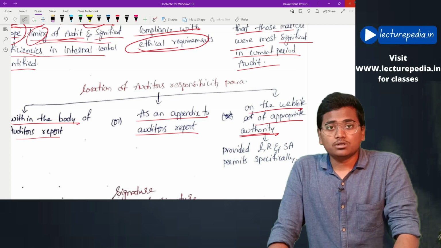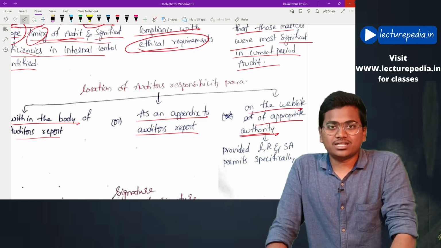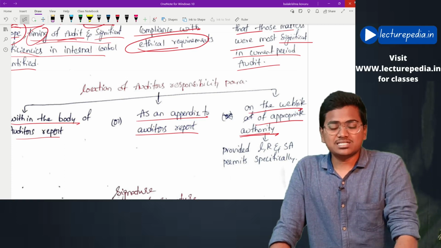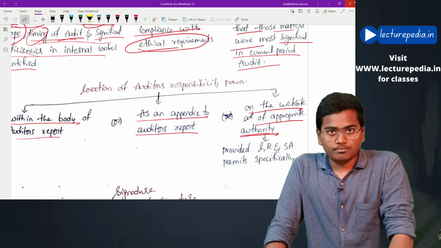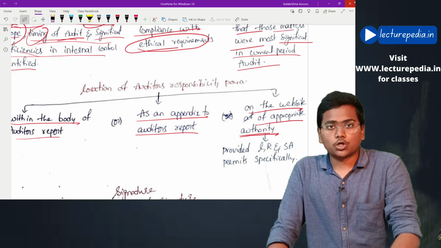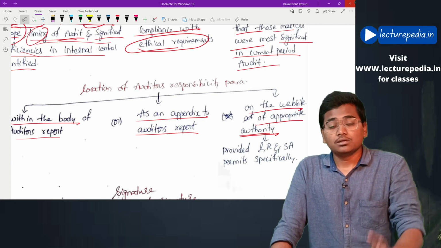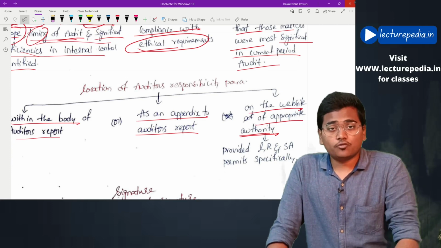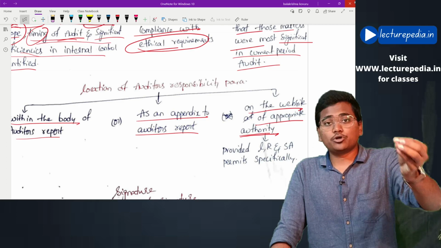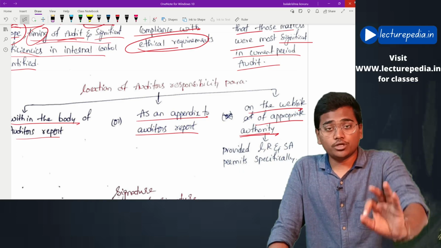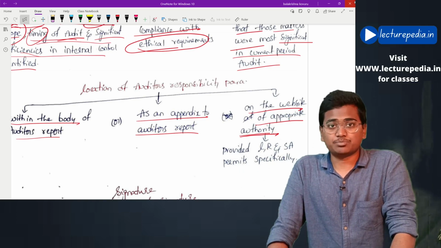We also have report on other legal and regulatory requirements. Okay, basically as per Companies Act we need to give CARO. Basically we will be giving CARO as an annexure, and Companies Act section 143 subsection 3 requires reporting on certain 6 aspects. Okay, we will also be reporting on those 6 aspects.